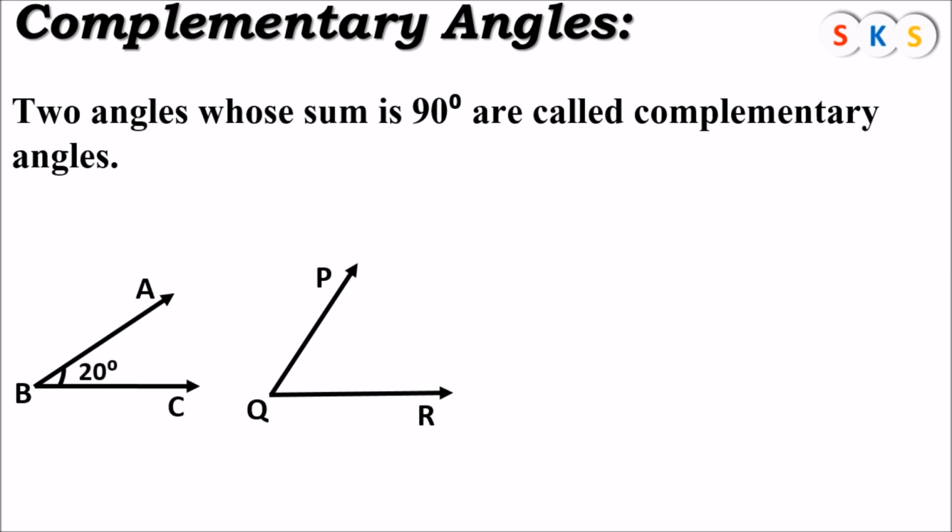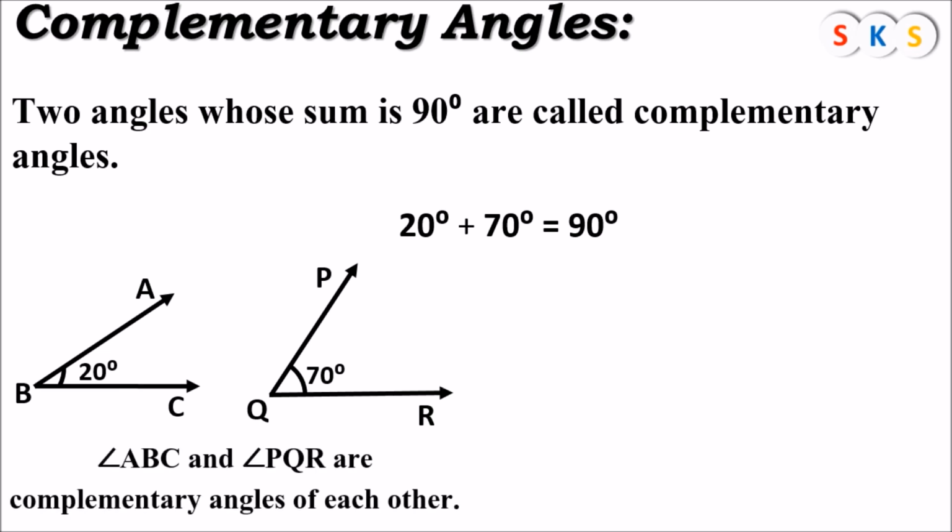Here the measure of angle ABC is 20 degrees and the measure of angle PQR is 70 degrees, and 20 degrees plus 70 degrees equals 90 degrees. It means the sum of these two angles is 90 degrees. Therefore, angle ABC and angle PQR are complementary angles of each other. You can say that angle ABC is the complementary angle of angle PQR, or angle PQR is the complementary angle of angle ABC.